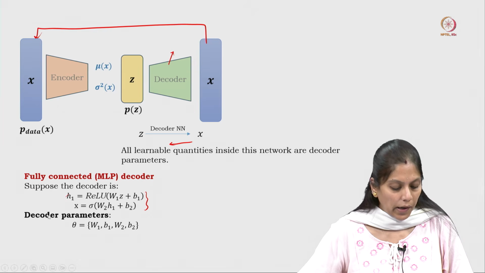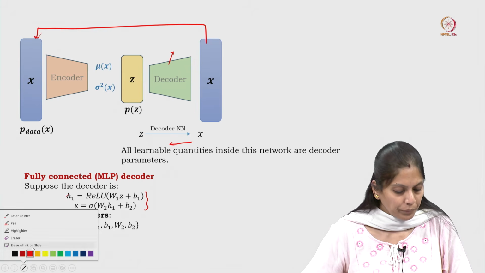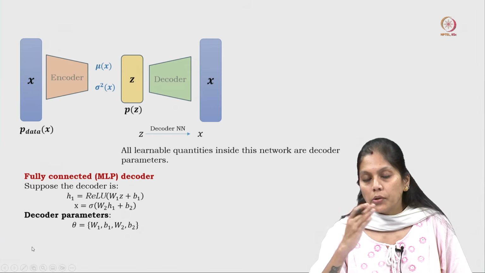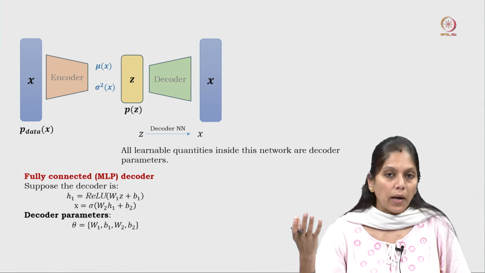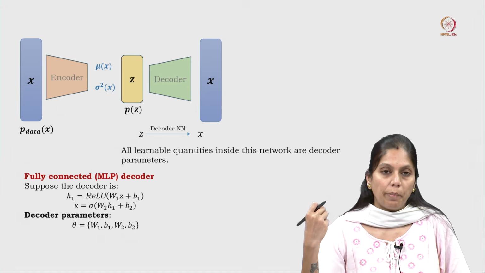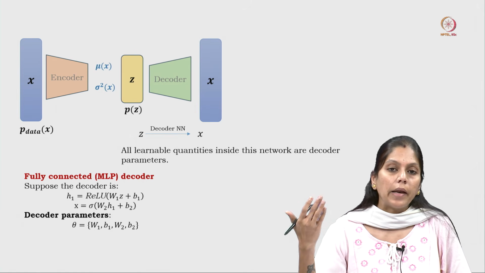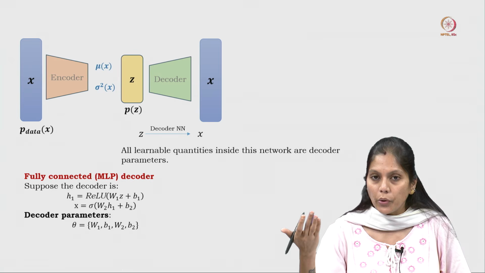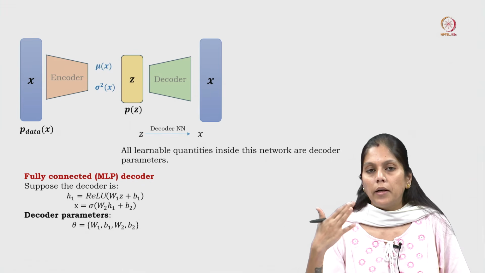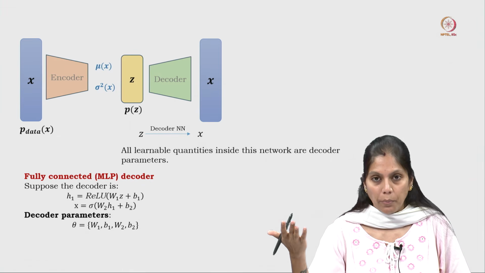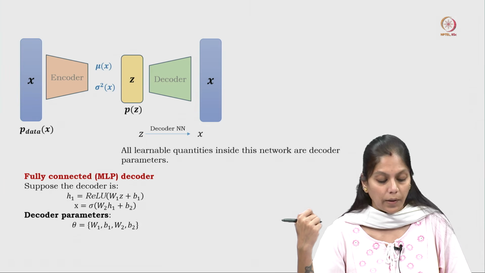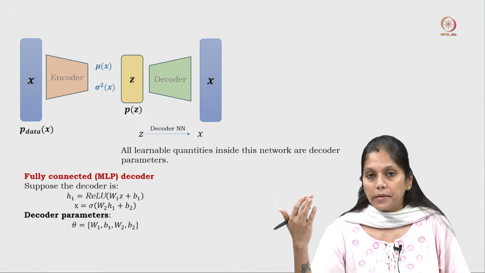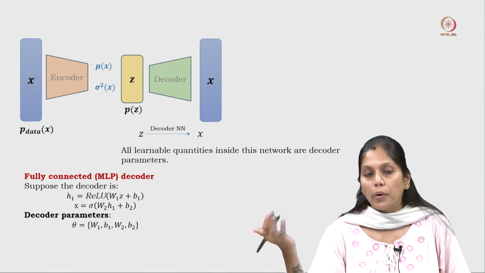So, for a fully connected neural network, when Z is passed to a decoder, the decoder will output the parameters, and those parameters depend on what kind of data the decoder wants to produce. Once the decoder produces those output parameters, the learnable parameters are the weights and bias if it is a fully connected neural network.